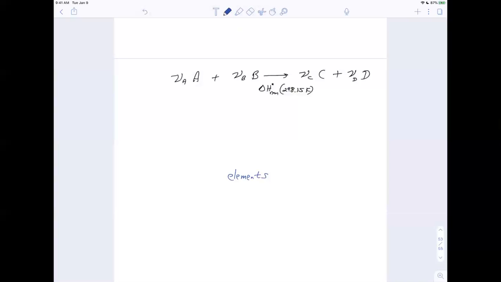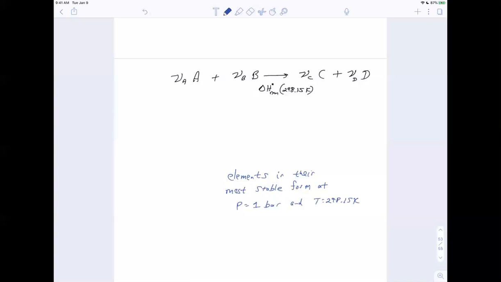We can treat these as elements, so we can perhaps have carbon or hydrogen in some form, and that form is elements in their most stable form, at pressure equal to 1 bar and temperature equal to 298.15 K. Okay, so we haven't touched the temperature and pressure that we're interested in for the chemical reaction of interest. All we're doing is creating this reservoir of elements in their most stable form.